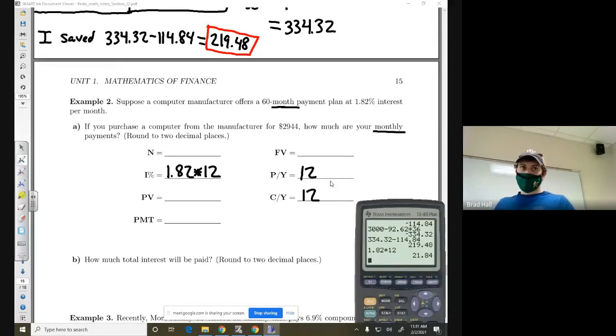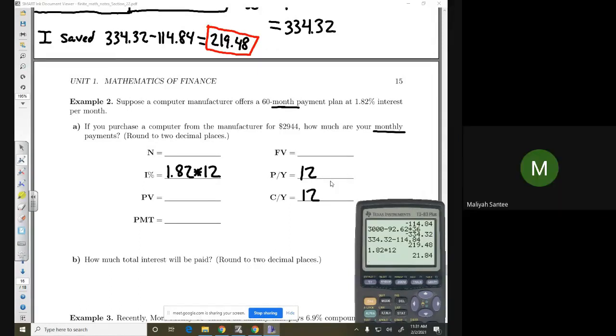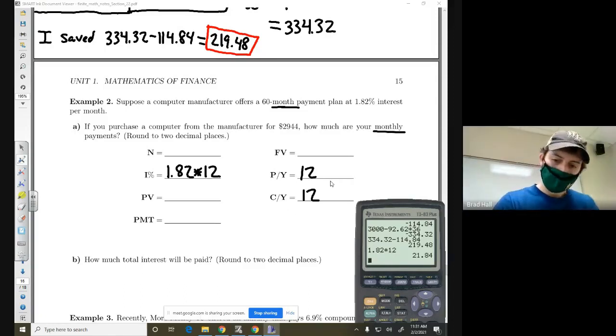N equals 60. N is indeed 60, because again, they did the product for us. Instead of saying 5 years and paying monthly, they're just putting everything together.